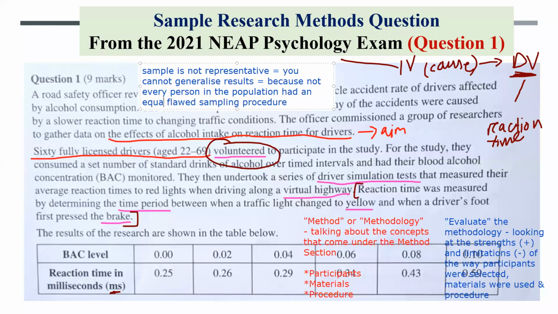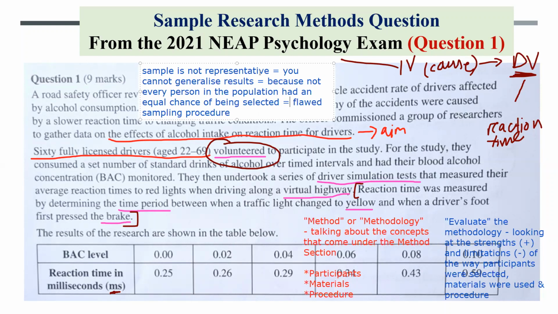So whenever you talk about the issue of convenient sampling, always talk about this idea that not everyone in the population had an equal chance of being selected. Some people had an unfair leg up or an unfair advantage in terms of them being able to be selected because it was a volunteer basis. Okay, some people might not have seen the advertisement for the research experiment in the first place, so they might not have been given the opportunity to join.